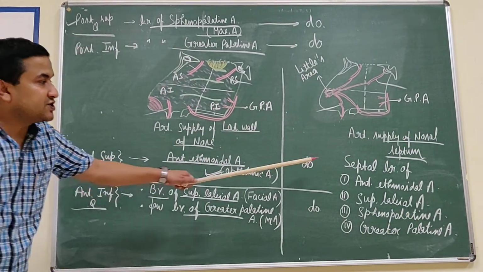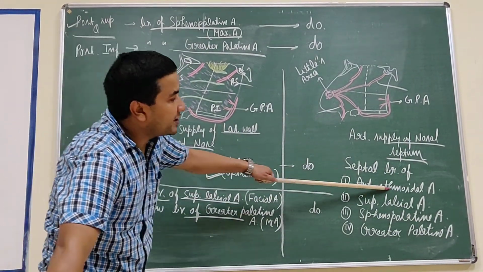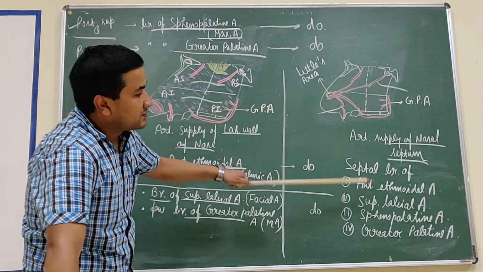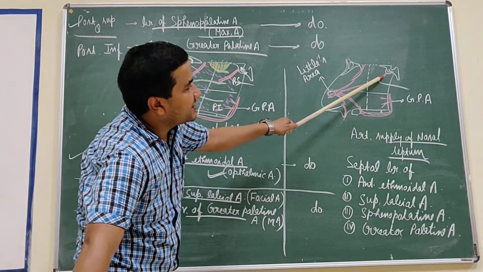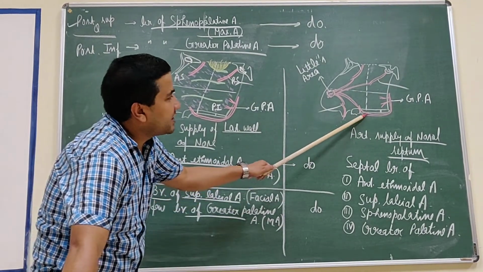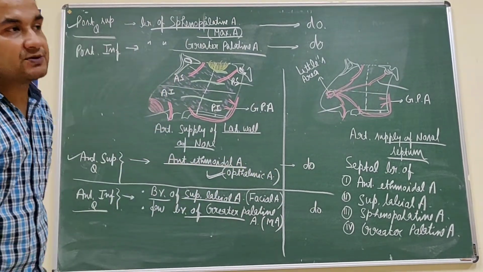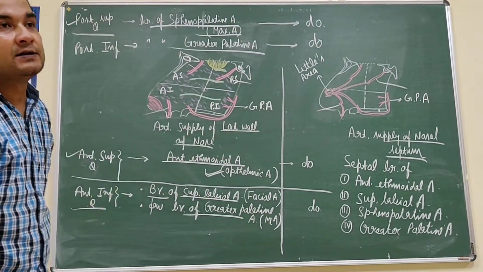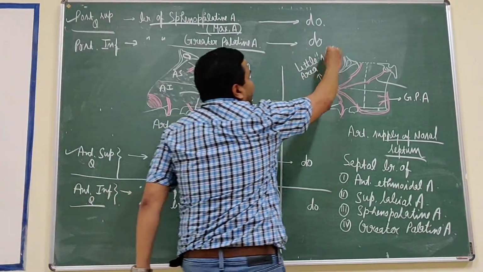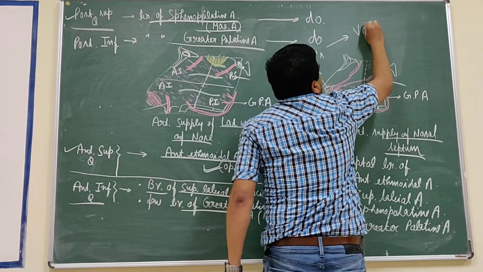Their septal branches anastomose with each other and form a vascular plexus.